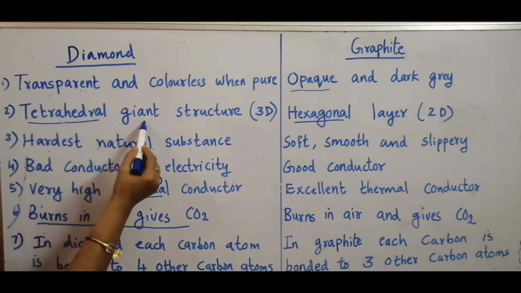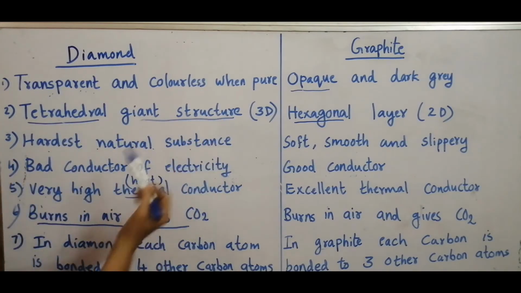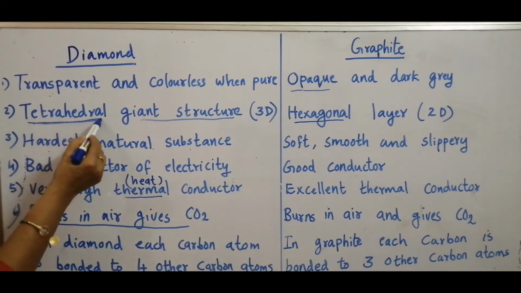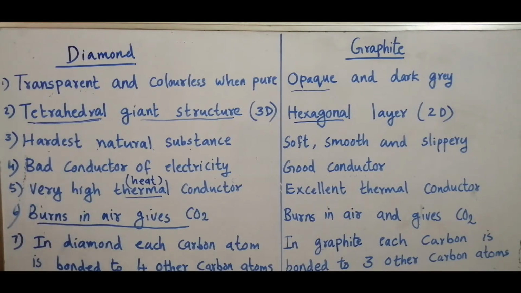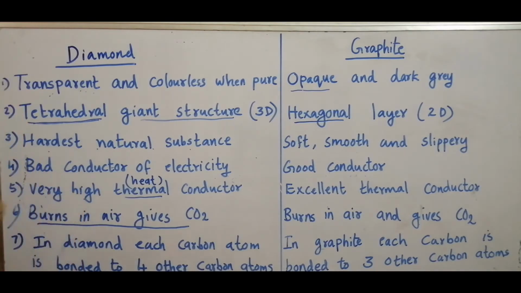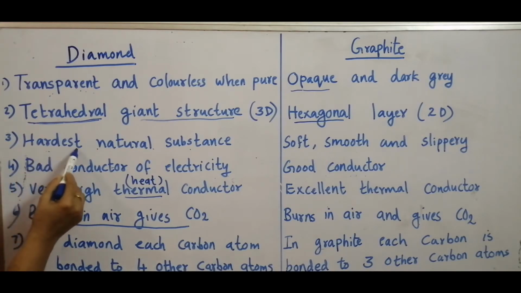Diamond has a giant, rigid three-dimensional structure. This is called a tetrahedral structure, whereas graphite has a two-dimensional hexagonal layer structure. Diamond is the hardest natural substance, whereas graphite is smooth and slippery.